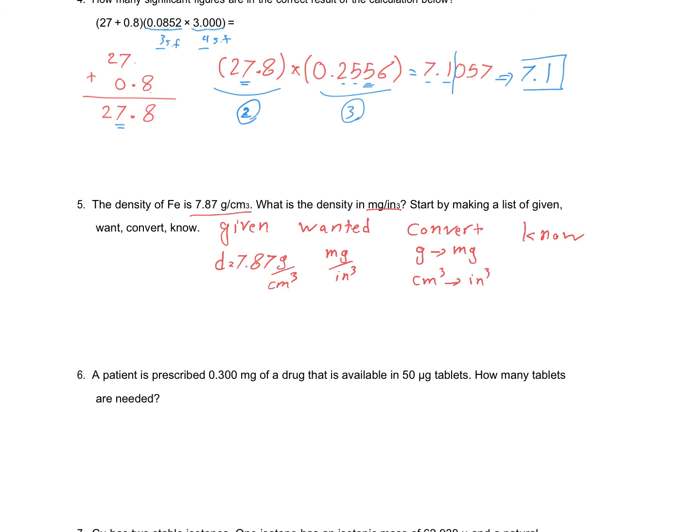What do we know about these conversions? We know that 1 milligram is 10 to the negative 3 gram. Do we have any conversion that directly relates cubic centimeter to cubic inches? No, but we know that 1 inch is 2.54 centimeters.